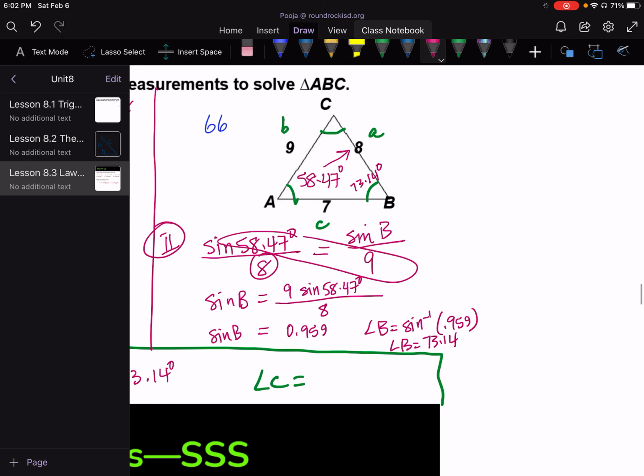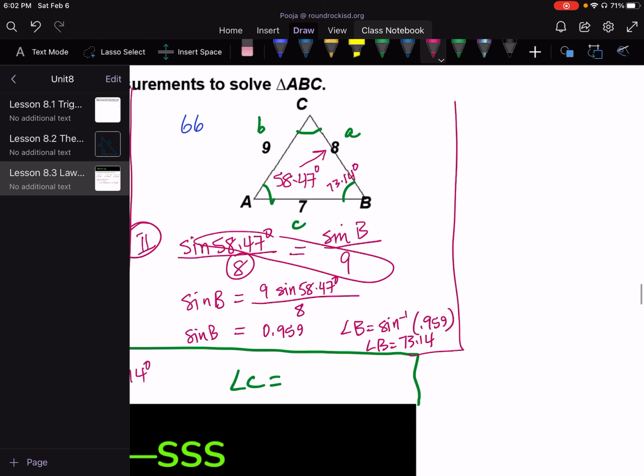Now that I know two angles of the three, I do not have to use any hi-fi formulas. 180 minus the sum of these two, 58.47 and 73.14, should give me the third angle.